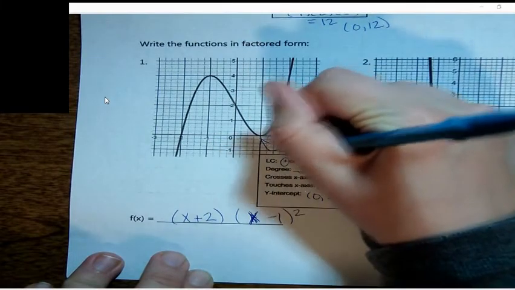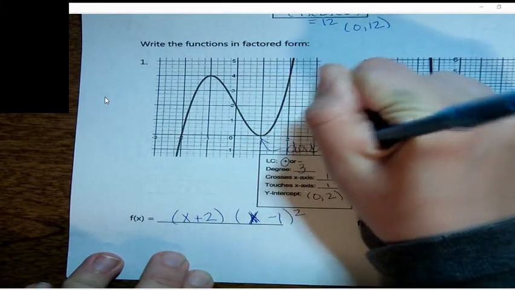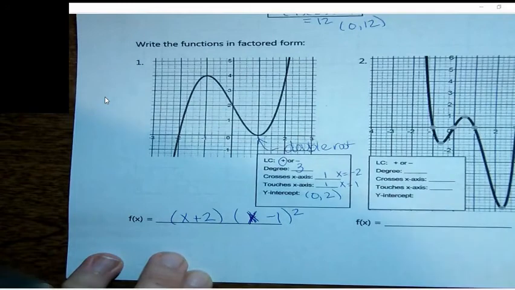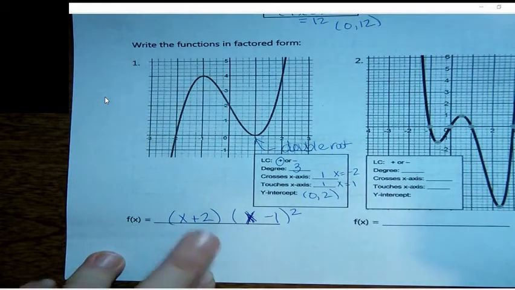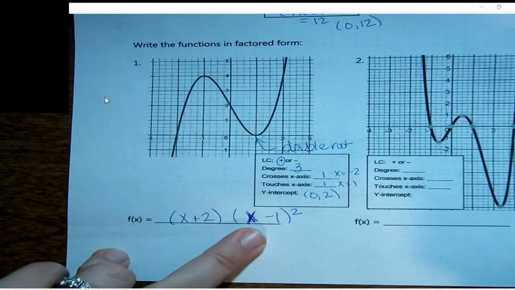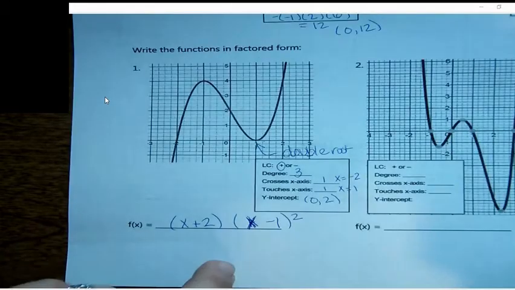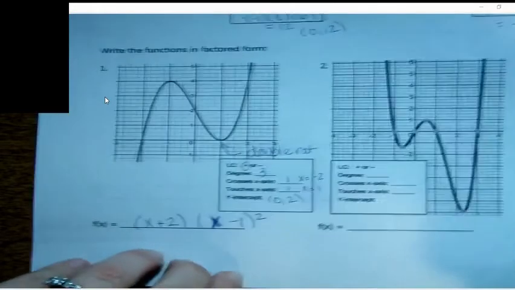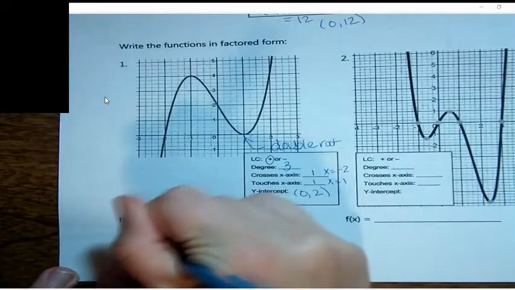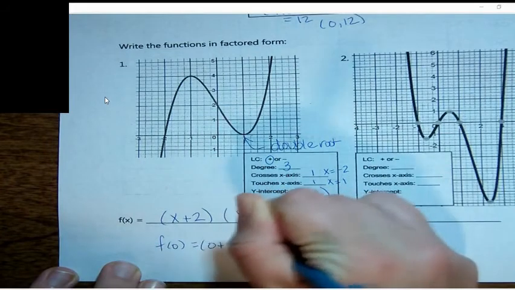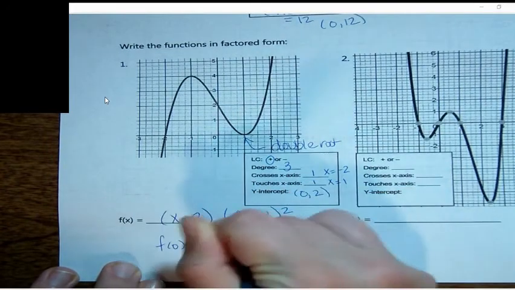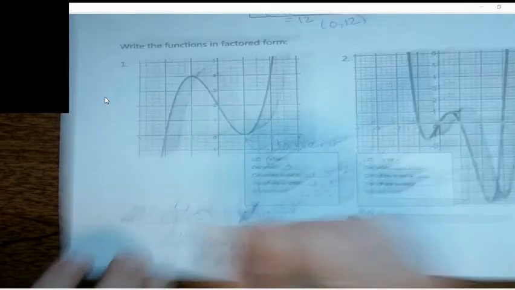So this is our double root. Okay, so this is the best possible estimate that we could give for this function. If we sub in 0, I do indeed get my y-intercept. Okay, and I can show that out.